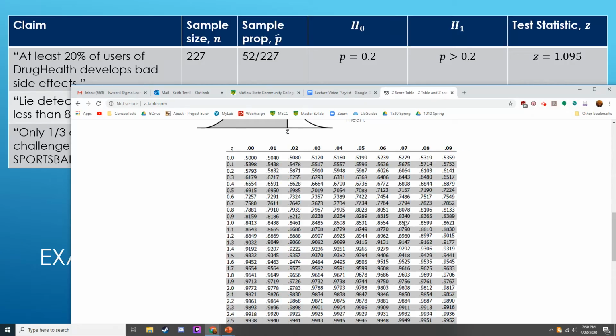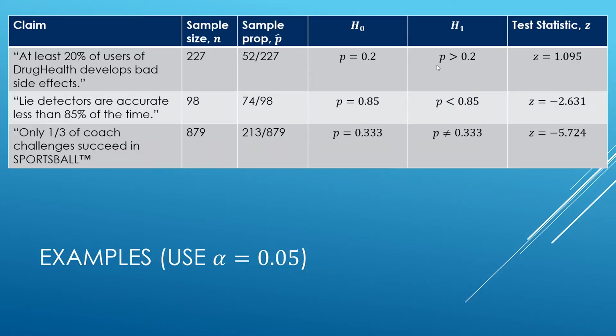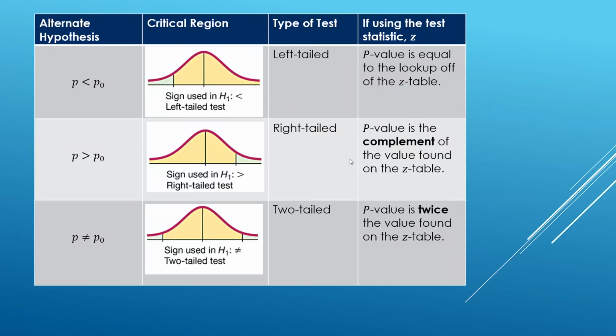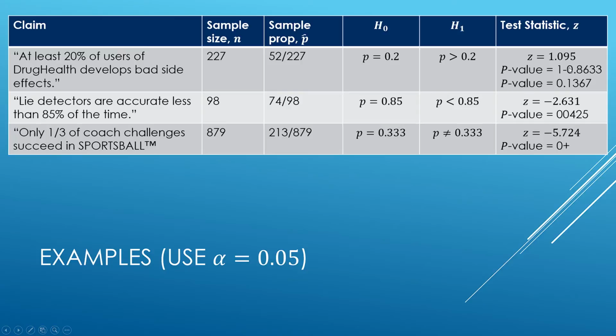Of course, most z-tables only go to the nearest hundredth, so we'll go to 1.1. And that gives me a value off of my z-table of 0.8643. But since I want what's above my z-score, I want the right tail, I will get the complement of that. So I'm looking at 1 minus 0.8643, which is about 0.1357.